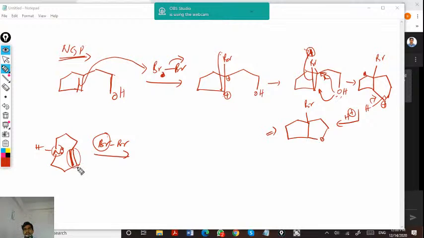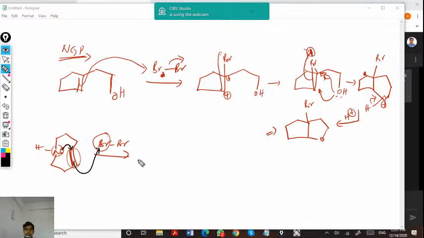Okay, so a lone pair is easily donatable when compared to a pi bond, because the lone pair is comparatively free when compared to the pi bond. This we already discussed. So the lone pair is going to donate to the pi bond, and this is going to attack on the bromine.